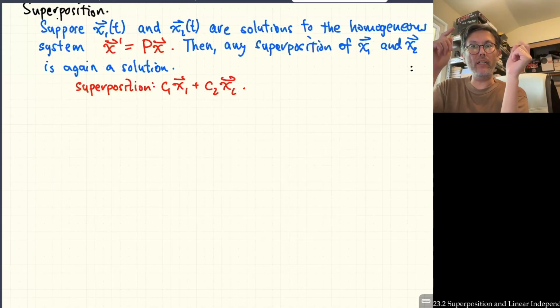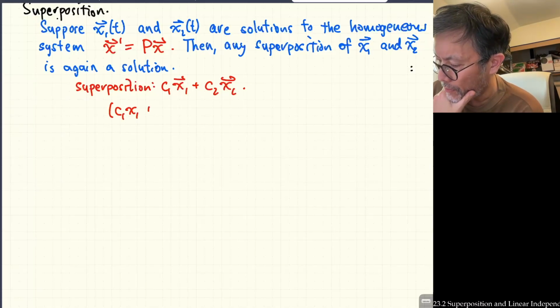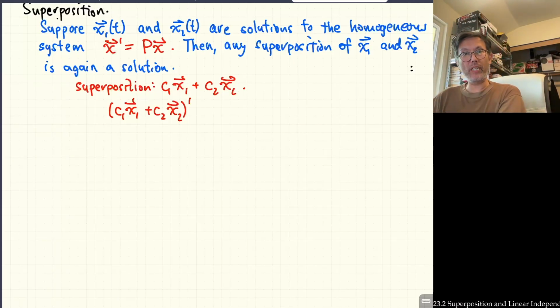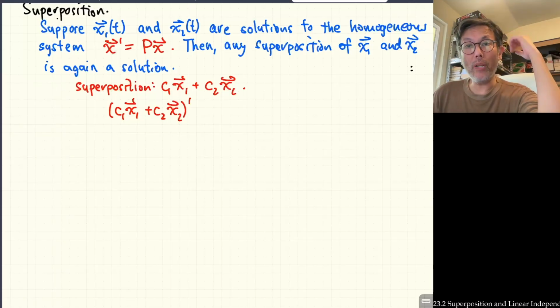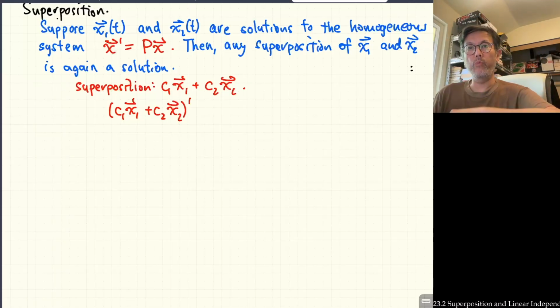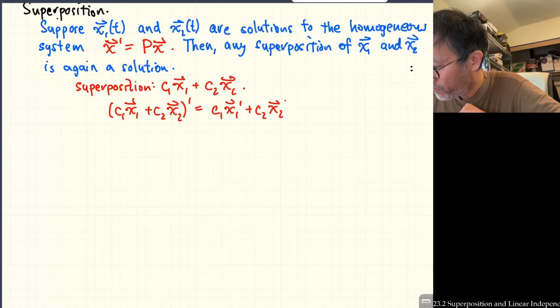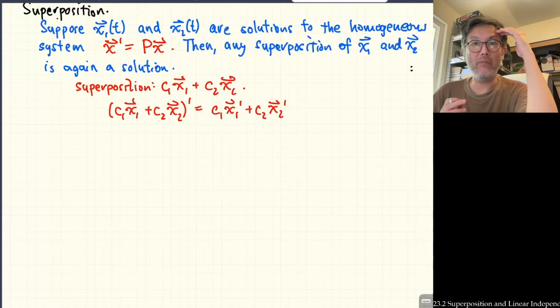Now, let's plug that in to our differential equation. When we have c1 times x1 plus c2 times x2 prime, right? We're going to take the derivative, in other words, of this. I'm just putting this superposition into the left-hand side of my system. But I think it's entirely plausible, isn't it, that because of the rules of derivatives, this is just c1 times x1 prime plus c2 times x2 prime. That might take a little thought, but hopefully it's something you can be convinced of.